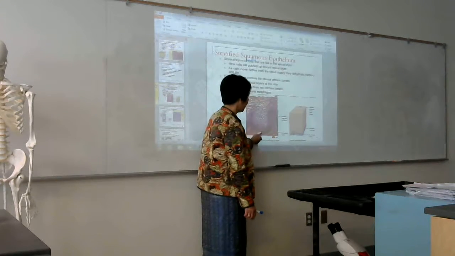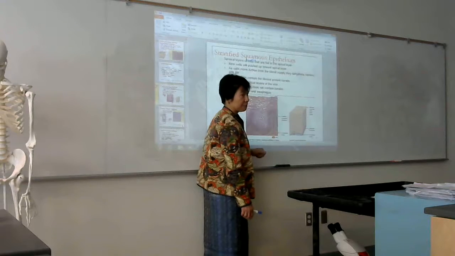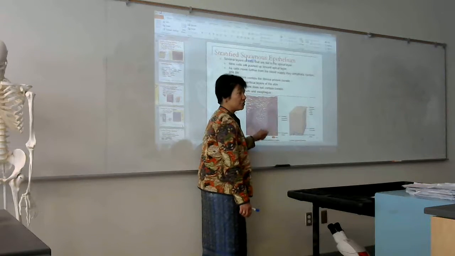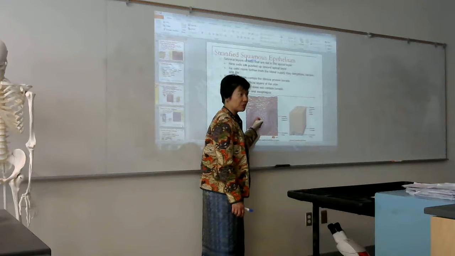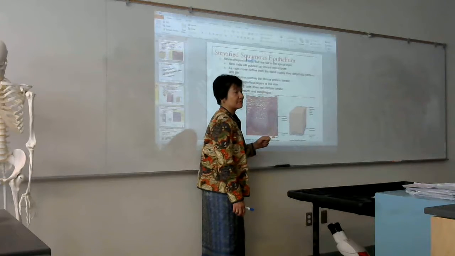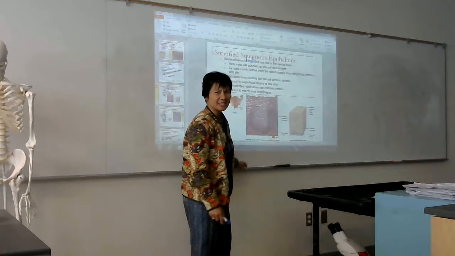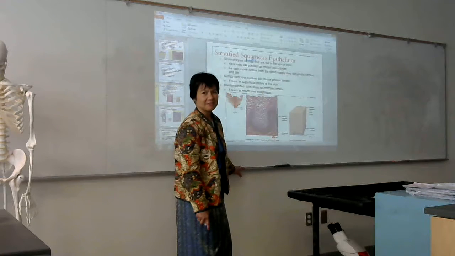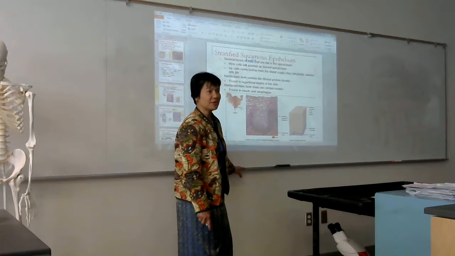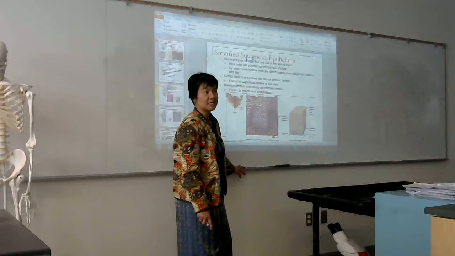So I'll say stratified squamous epithelium. And you know what stratified can do for you that simple cannot, right? What is the function of stratified? Protection. Don't forget that word, protection, when we study our integumentary system.